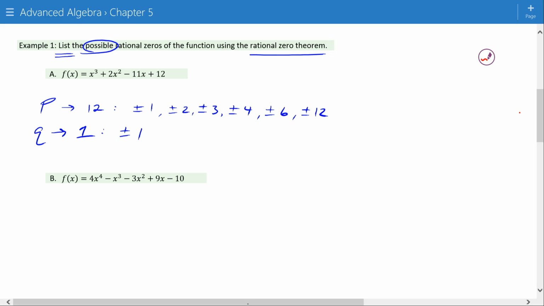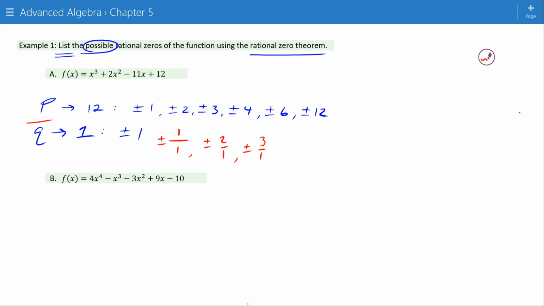Now, if we want to list off what they actually are, we have to do P divided by Q. So we take every one of our P terms and divide it by every one of our Q terms. In this case, it's only 1, so it's kind of nice. So you have 1 over 1. It's going to be plus or minus. And then we'll be left with 2 over 1, 3 over 1, so on and so forth. Now, something to keep in mind when you're doing these, you'll have repeat values, like we'll see in the next example, and we'll eliminate some of them.